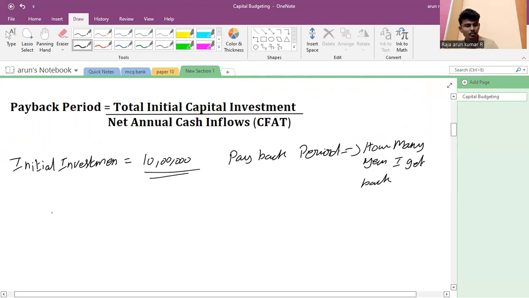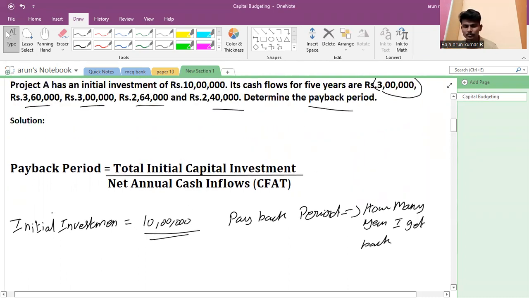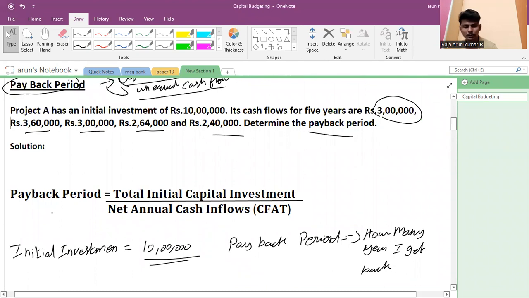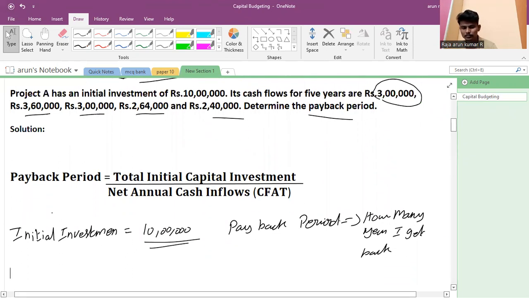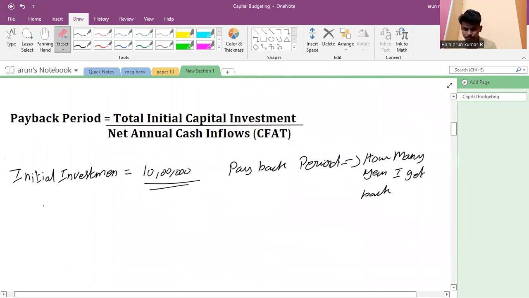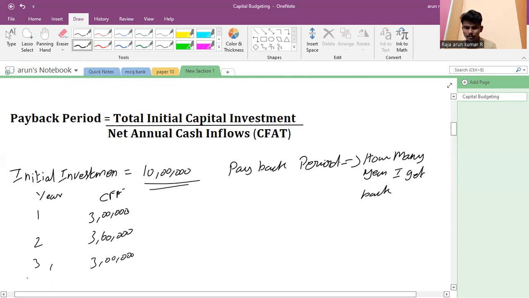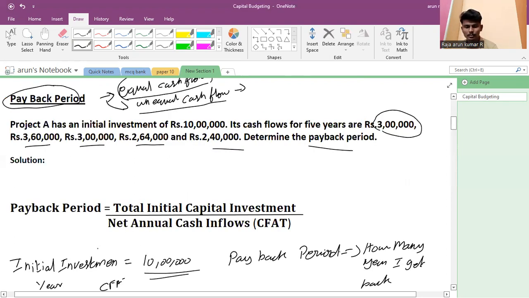What are the cash flows they gave? First year cash flow after taxes 3 lakh, second year 3 lakh 60,000, third year 3 lakh, and fourth year 2,64,000.